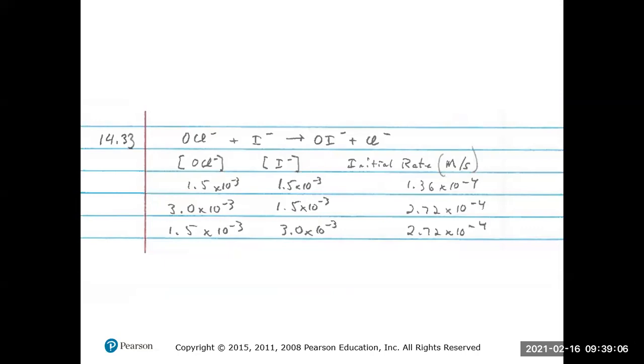So we talked earlier about one way to figure things out, which is to hold things constant while you vary one of the concentrations. In the first two lines, we see an example of that.